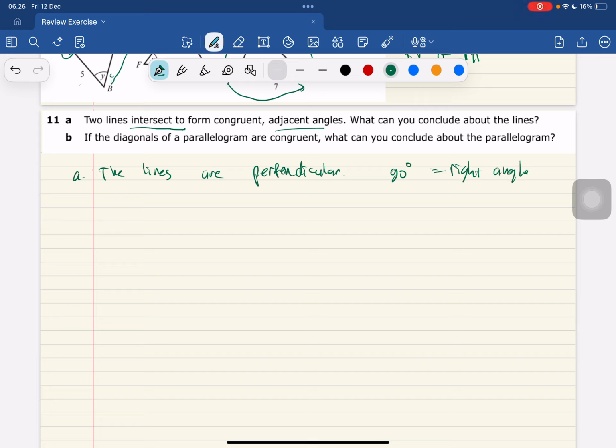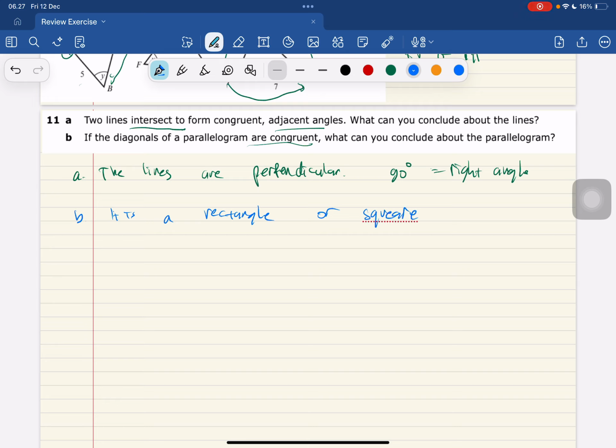If the diagonals of a parallelogram are congruent, there are only two shapes it can be: a rectangle or a square.